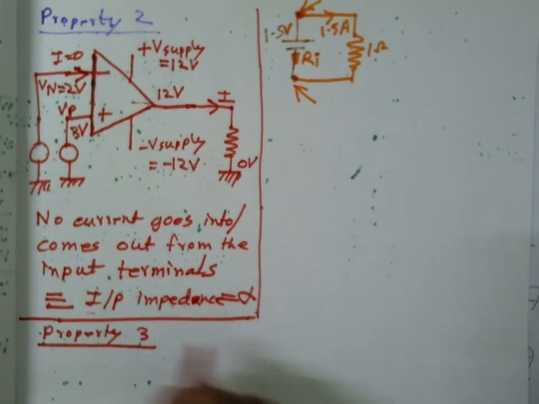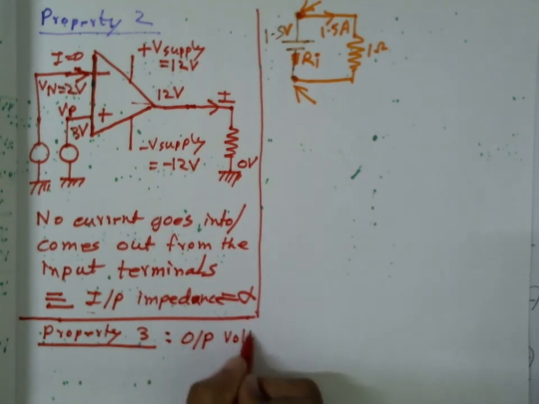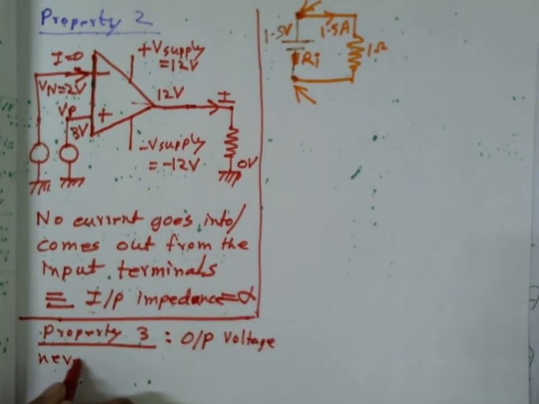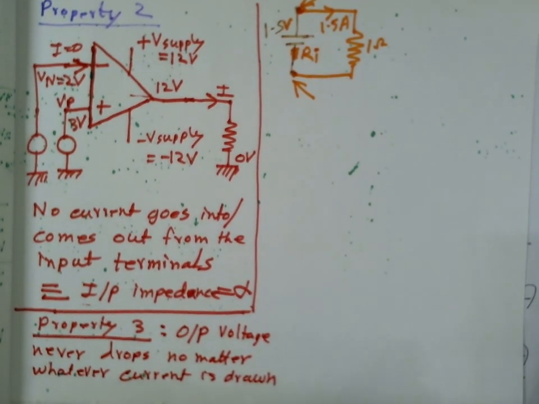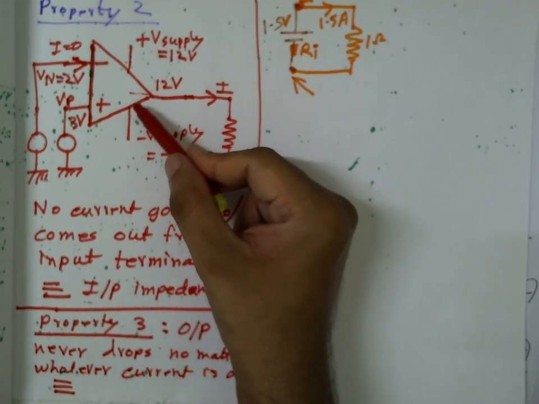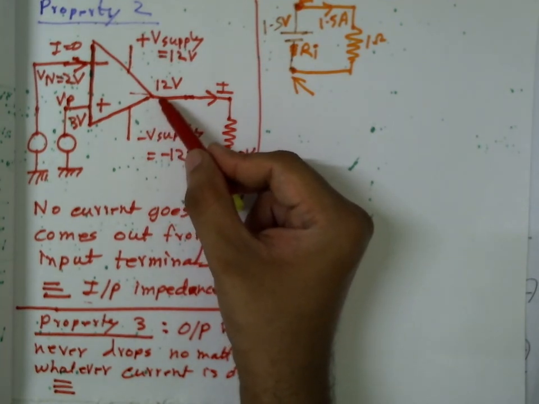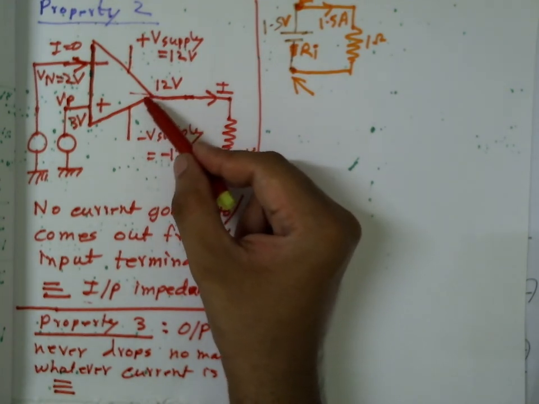So this is the third important property. Let me write it: the output voltage never drops, never falls down, no matter whatever current is drawn. And this is equivalent to saying that the internal resistance at the output terminal, or in short the output impedance, that is the internal impedance of the output terminal, is 0.